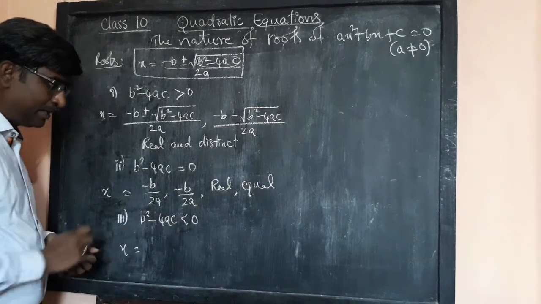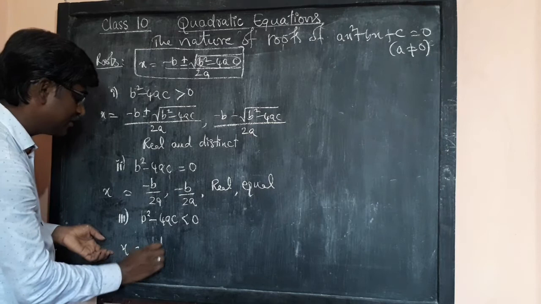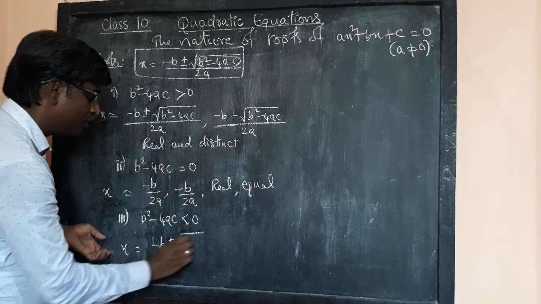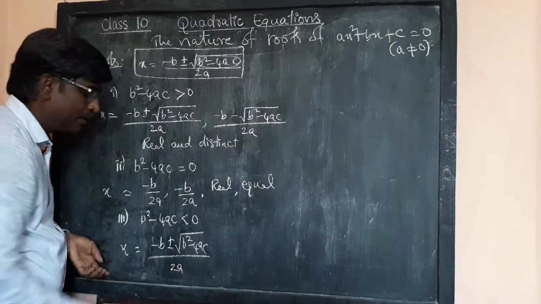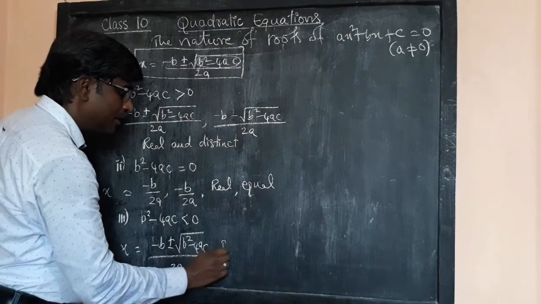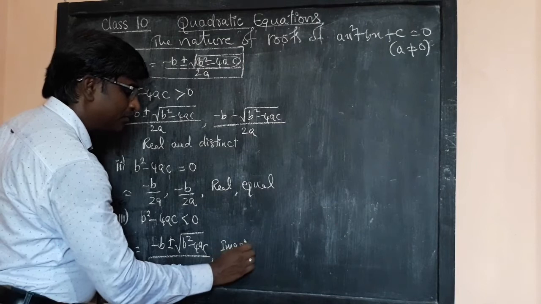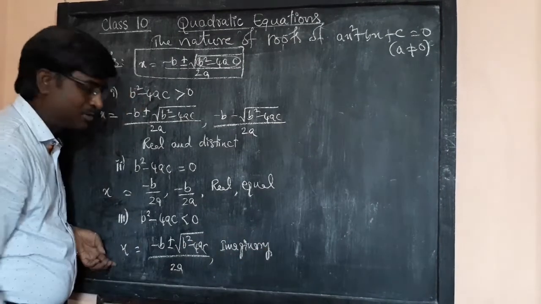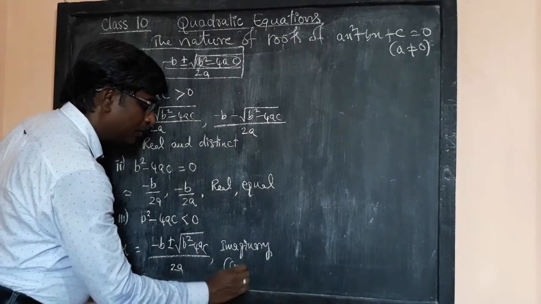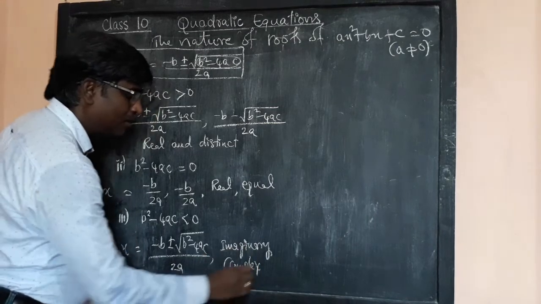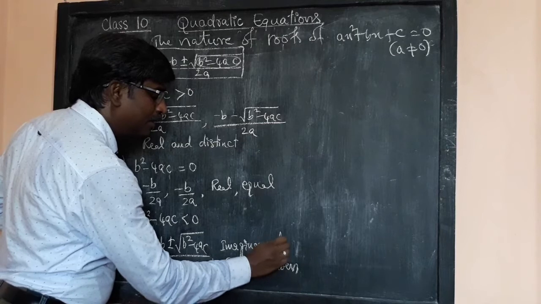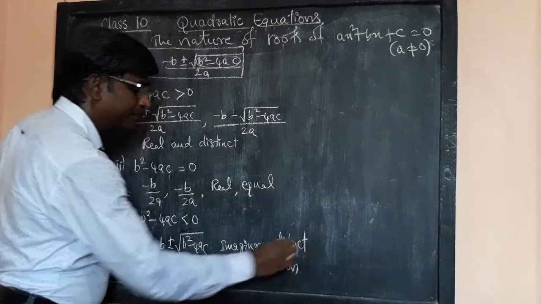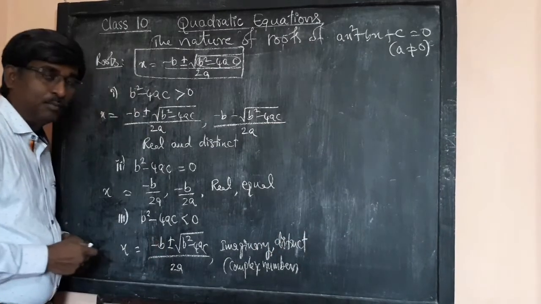So that value, minus b plus or minus square root of b square minus 4ac by 2a, these are called imaginary roots. Imaginary roots, or according to set theory, these are called complex numbers, and these are distinct by this plus or minus.